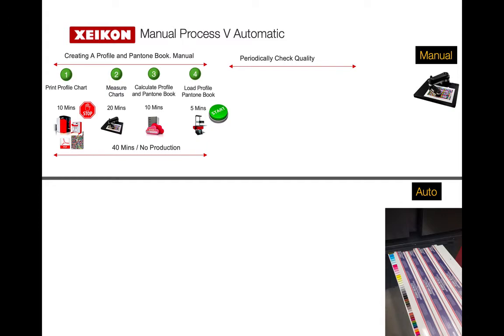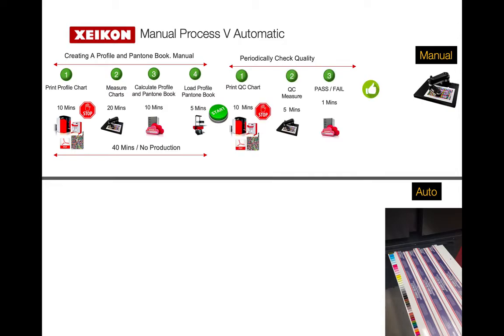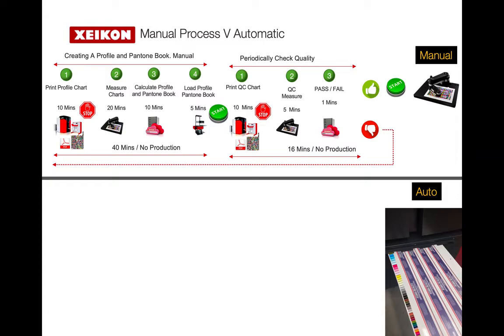So periodically, we need to do a quality control. And it's the same process: print, measure, and calculate. And then you're in a pass or fail sort of scenario. If we pass, then no problem. We can go and print. However, if we fail, then we've got to do something about it.